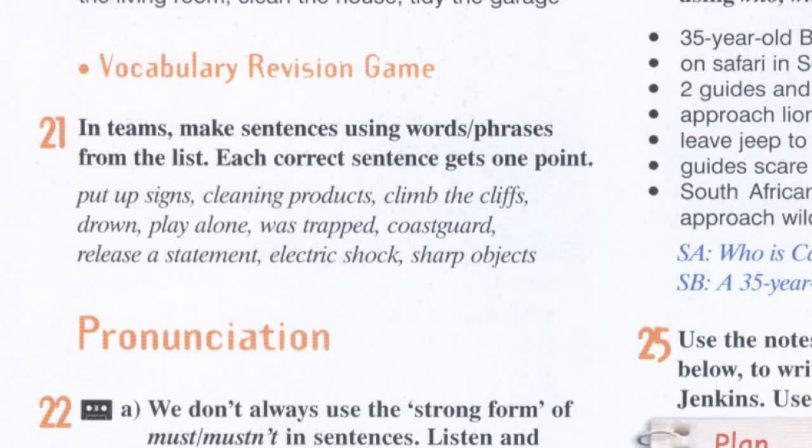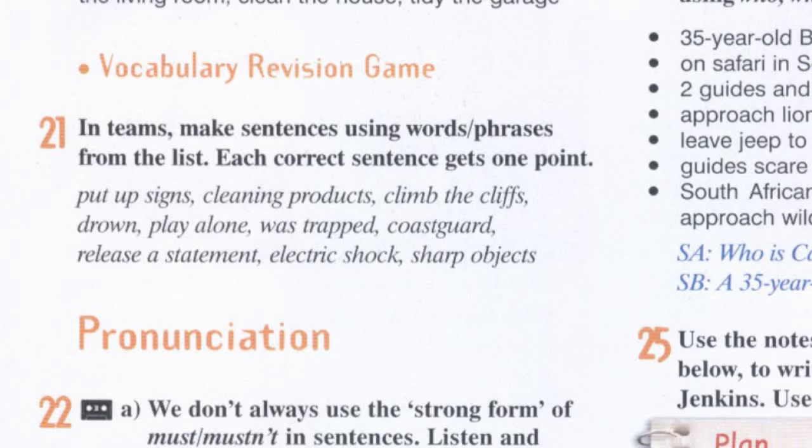The Coast Guard is part of maybe the army or maybe the police, that watch over the coast of a country probably, and they release a statement, to issue a statement.